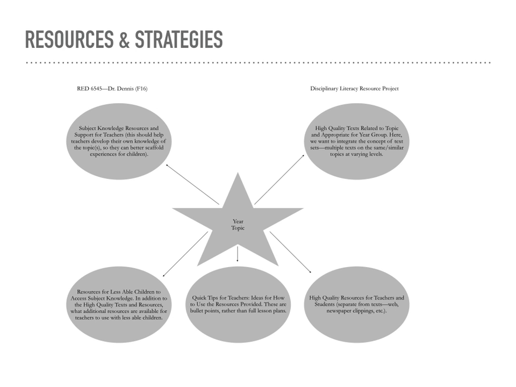Might they use it to show them how to make a pamphlet, because that perhaps could be the way that they demonstrate their learning on the topic. So, these do not have to be long narratives, these quick tips, but it should be something that if you were a teacher and you picked it up, you would get a sense of how you could utilize the resources that are at hand.